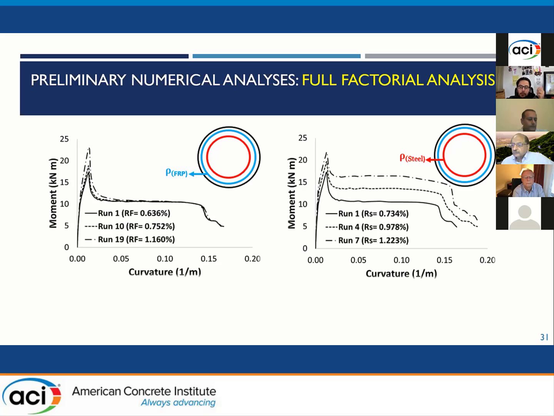However, changing the steel reinforcement ratio from 0.74 to 1.25 surged the post-peak capacity by 70%, and increased the energy dissipation by 70% as well. It also increased the capacity by, I would say, 25%.